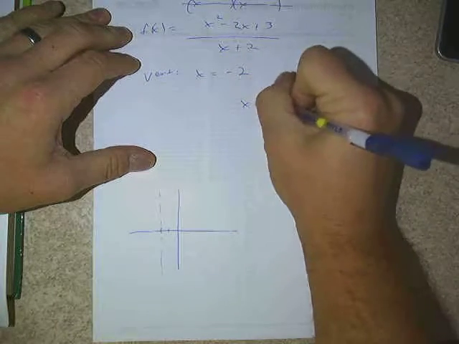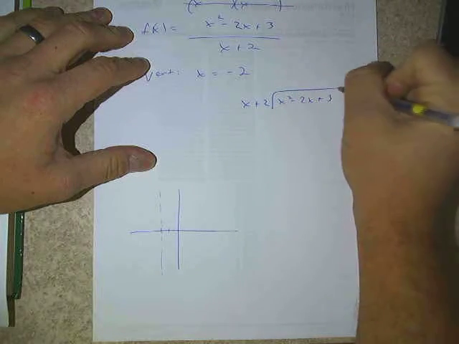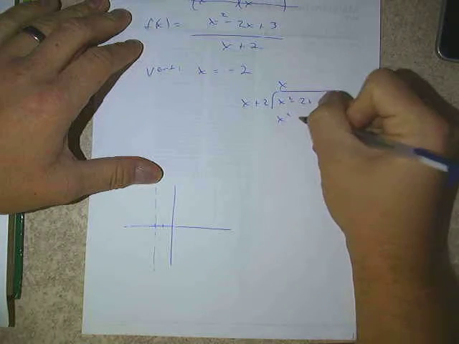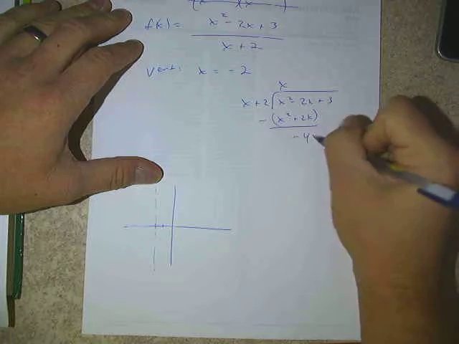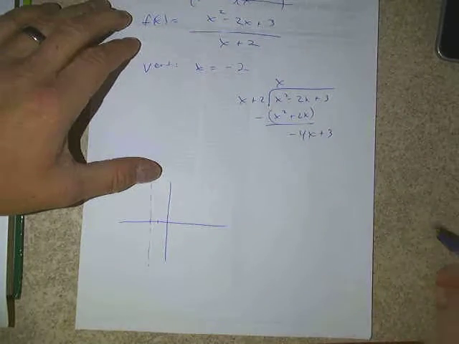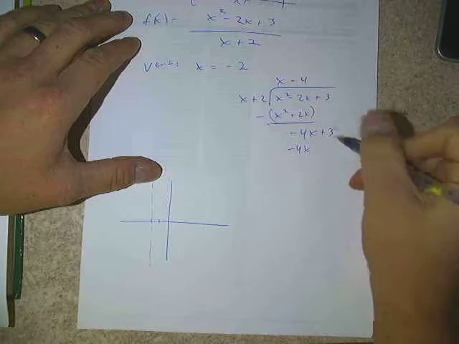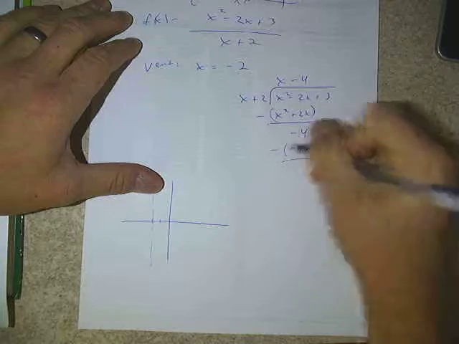And so let's see what that looks like. If I did x plus 2, and I did x squared minus 2x plus 3, and I did my long division here, I would get an x, be x squared plus 2x. If I subtract, I'm going to get -4x plus 3. X into that would be -4. And then it would be -8.